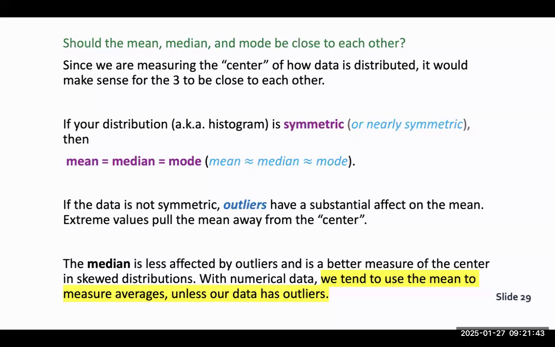That 0 is very far away from the rest of your homework scores. And if you average them together with the mean, you'll see that your average is pulled down away from all of the other data values. So in that particular case, it's better to use the median because the median really shows the center of your data set rather than the mean.